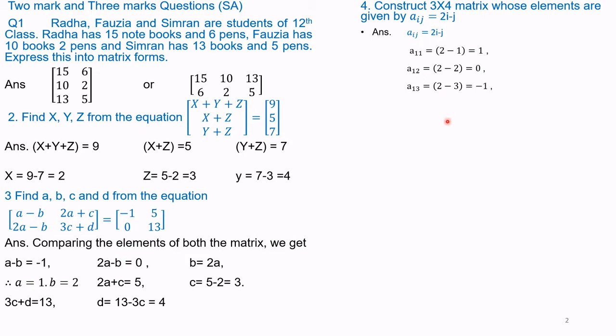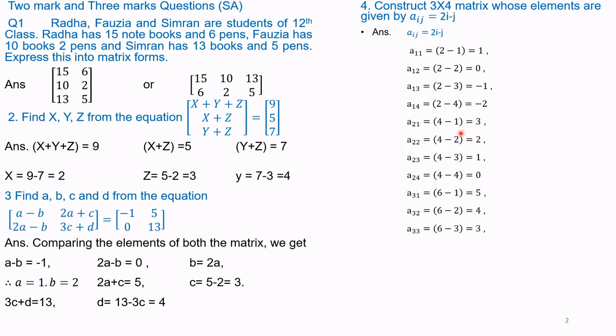Like that, we can write for all other items till we get 12 items. Therefore, there will be a total number of 12 items. 3 into 4 is 12. So, we have to substitute up to all 12 items.